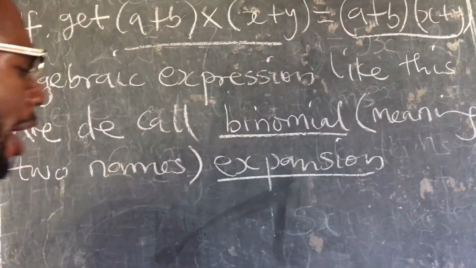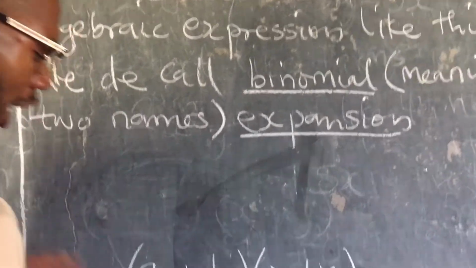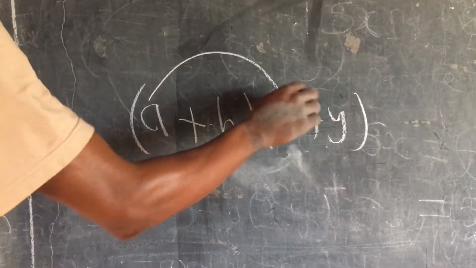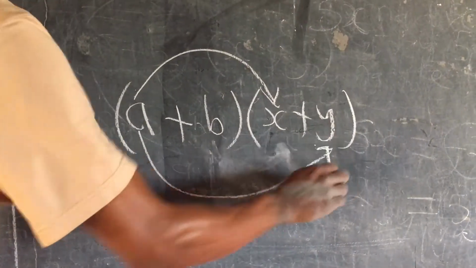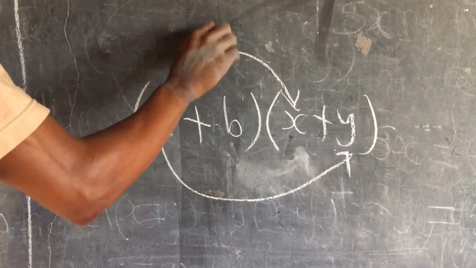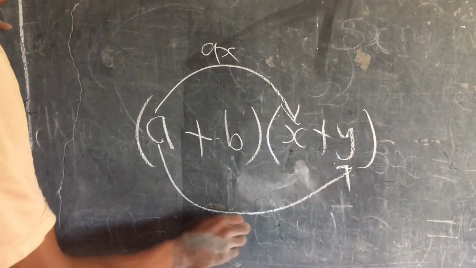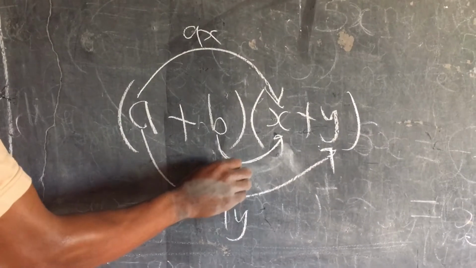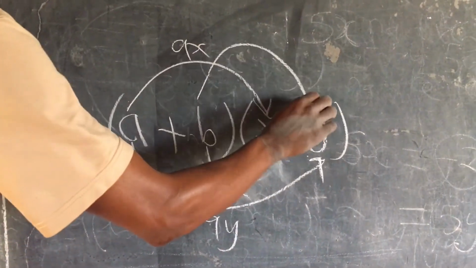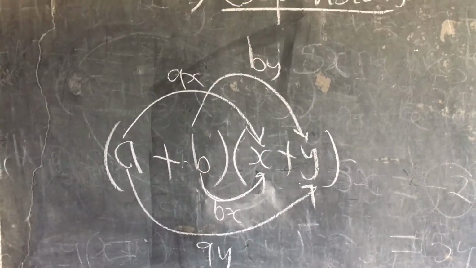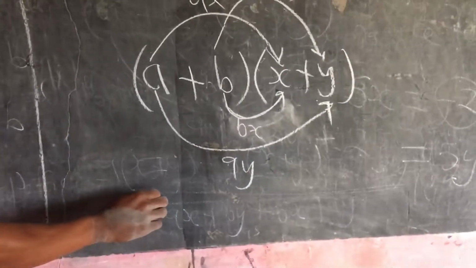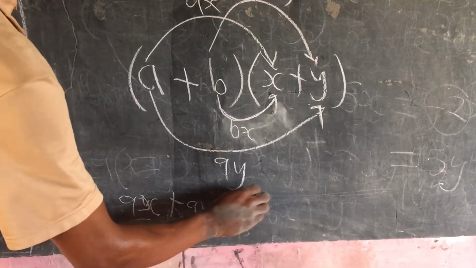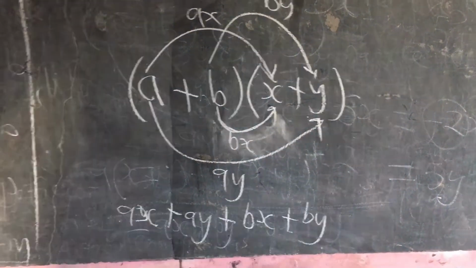The way to handle it is to multiply the first term by each term in the other bracket. a times x gives ax, a times y gives ay, b times x gives bx, and b times y gives by. So we get ax plus ay plus bx plus by.